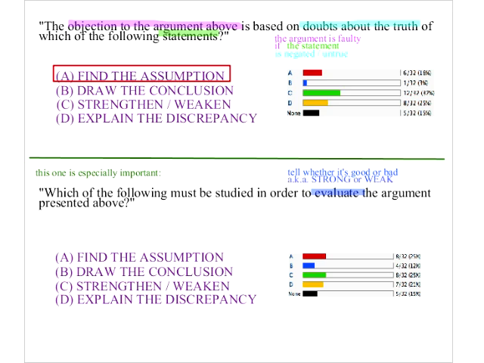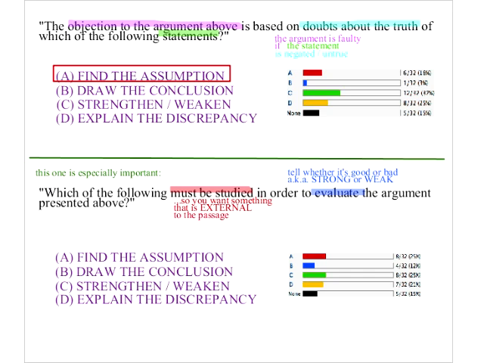And then, which one of the following must be studied? What this tells you is that you're looking for something that's external to the passage.